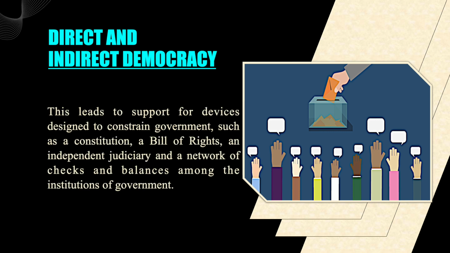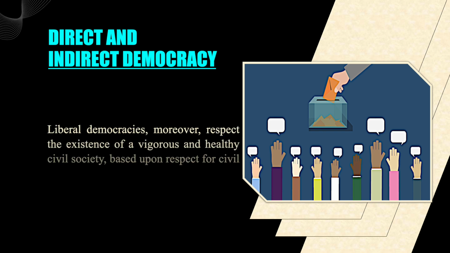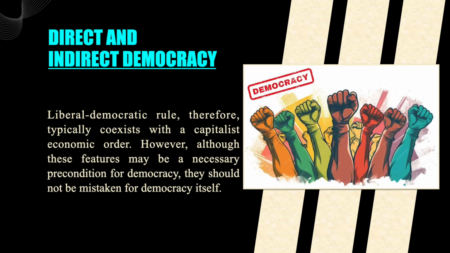This leads to support for devices designed to constrain government, such as a constitution, a bill of rights, an independent judiciary, and a network of checks and balances amongst the institutions of government. Liberal democracies, moreover, respect the existence of vigorous and healthy civil societies, based upon respect for civil liberties and property rights. Liberal democratic rules, therefore, typically coexist with the capitalist economic order.